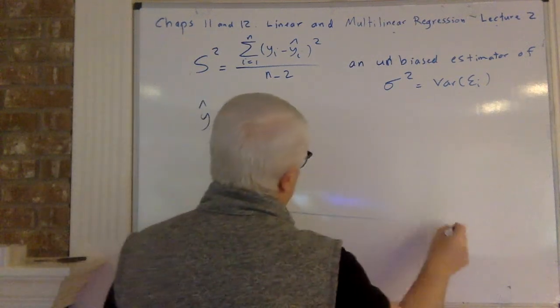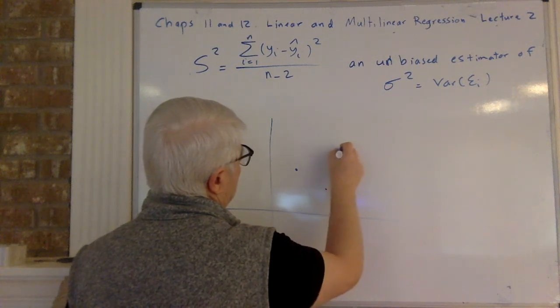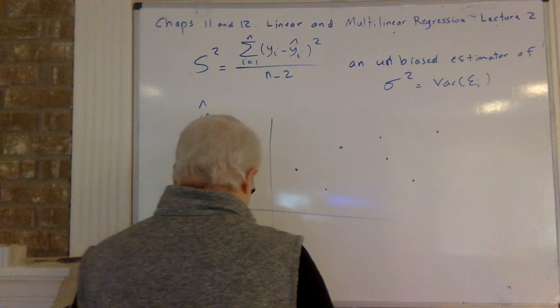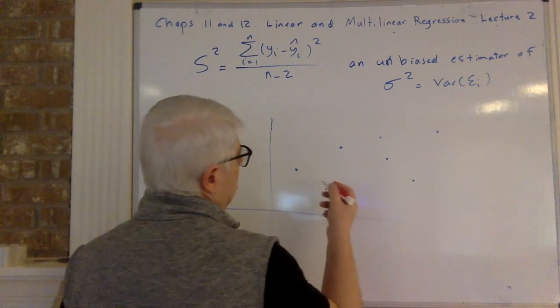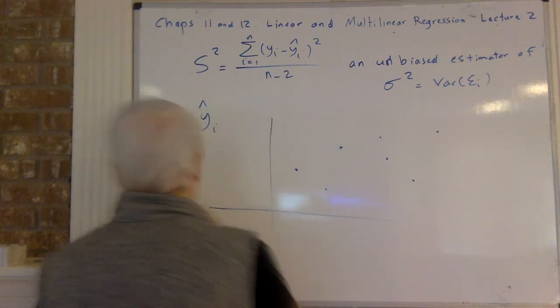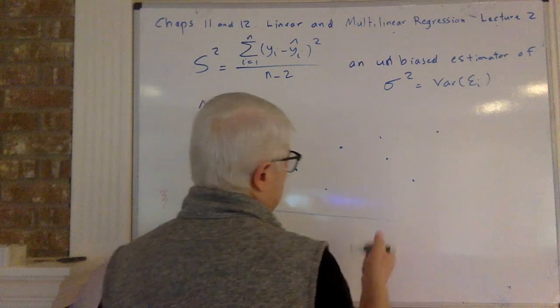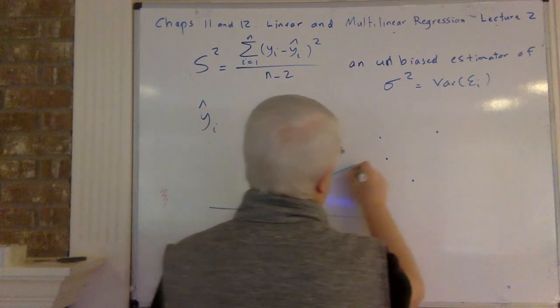Let me show you in a picture what this is. Let's say these are the xi, yi's that I have, and this might be the regression line.